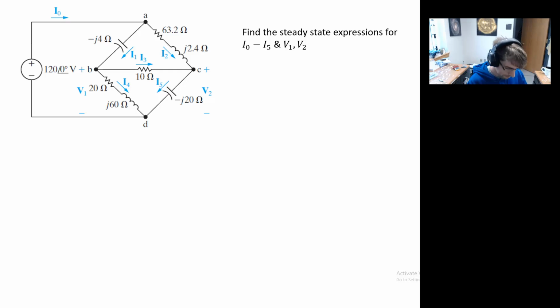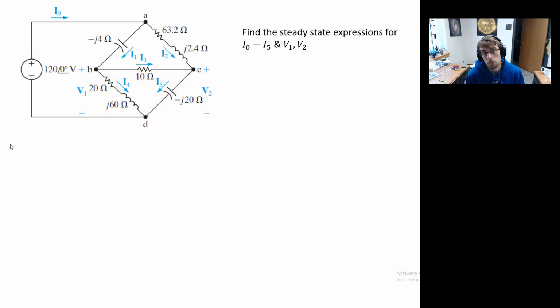Good. So part of the reason why I chose this circuit was to give you an example problem that deals with a pi to T transformation, or if you prefer, a delta to Y transformation. So let's go ahead and do that. I'll choose this bottom delta to concern myself with.